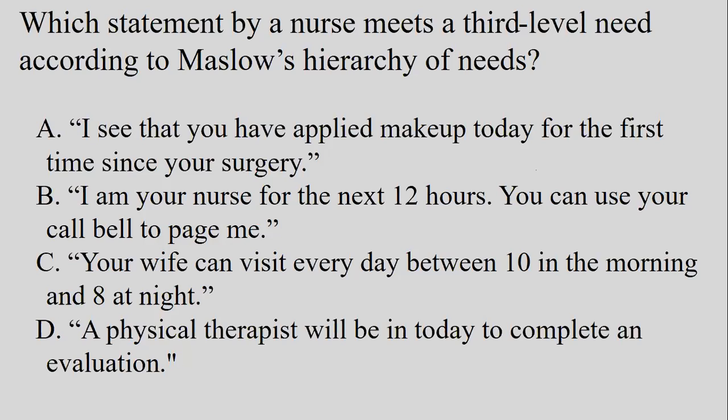Which statement by a nurse meets a third level need according to Maslow's hierarchy? So first level is what? Physiological. Second level is? Safety and security. Third level is? Love and belonging.